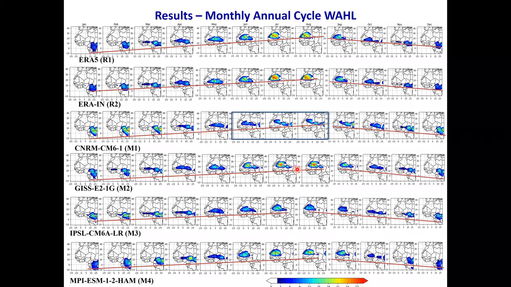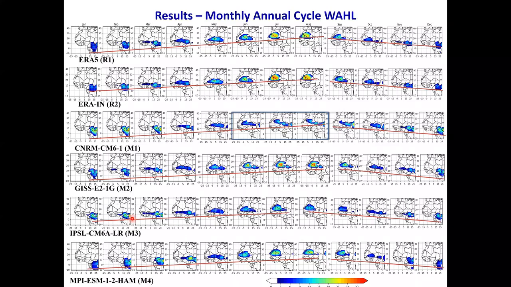And in the rest of the models, the intensities are quite weaker, especially in the summer months. And we see that, for instance, in model 3, the winter month has a stronger intensity than that of the reanalysis. And this is also evident in model 4.